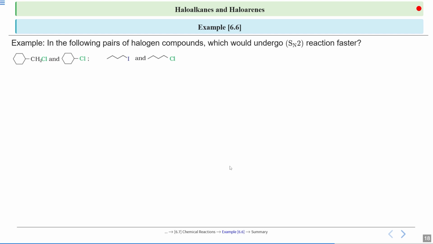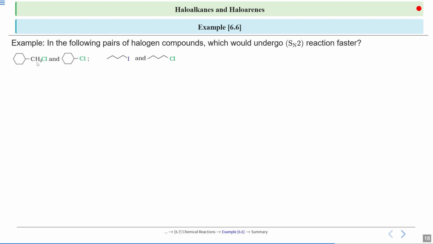Okay, let's solve an example. Example 6.6. In the following pairs of halogen compounds, which would undergo the SN2 reaction faster? You have to tell which halogen compound in these pairs would undergo the SN2 reaction faster.